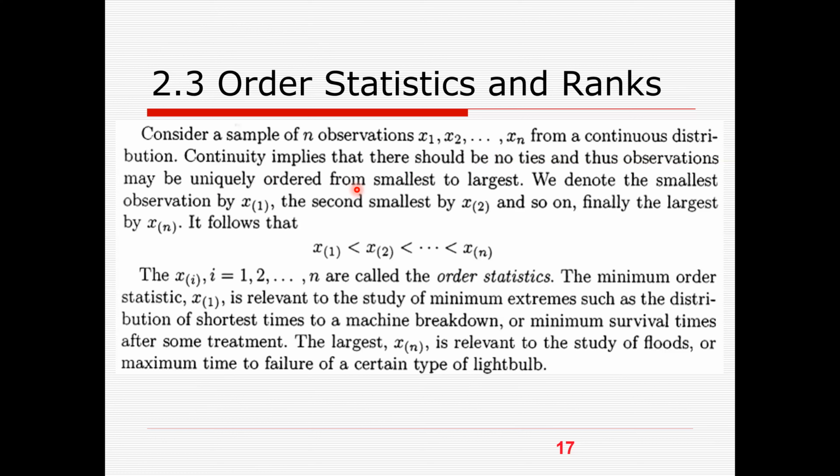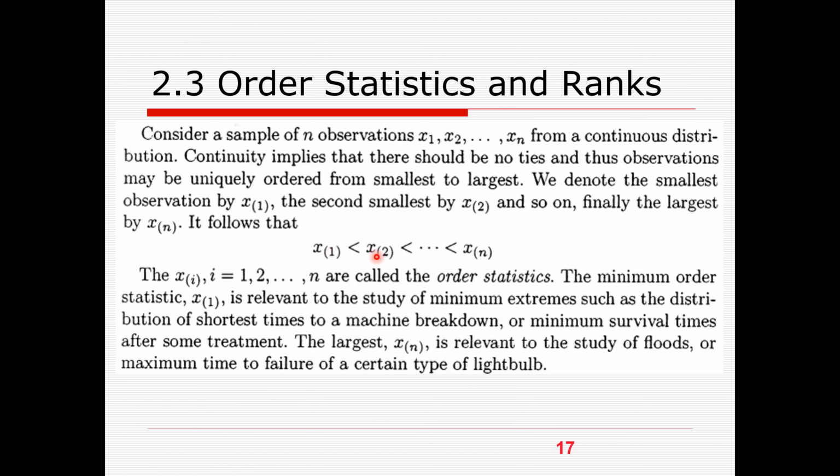Then we can represent the ordered observations as x with a number in parentheses as a subscript, its rank. So the ith observation is denoted as x subscript (i), and i can be any integer between 1 and n, right?